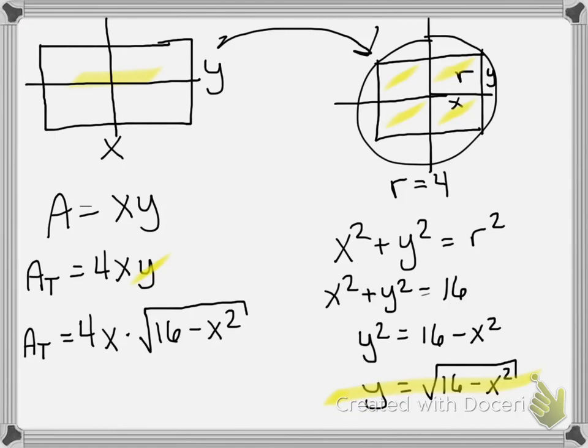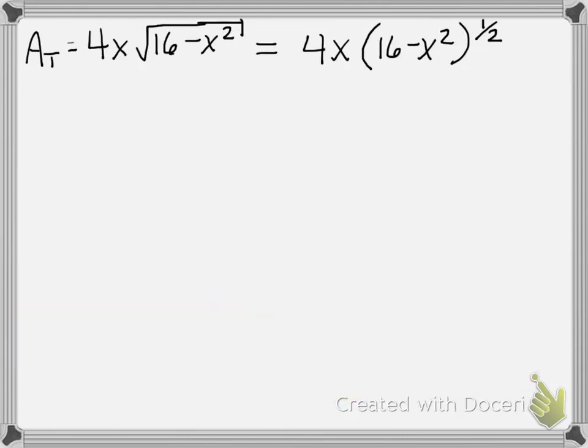So now that we have everything in the equation set to one variable, it'll make it a whole lot easier to solve and be able to take the derivative of. So our next step will be taking the derivative of this equation right here. Okay, so here's our equation, and I have just rewrote it right over here to the right.